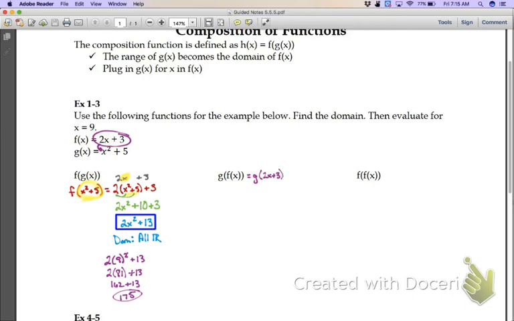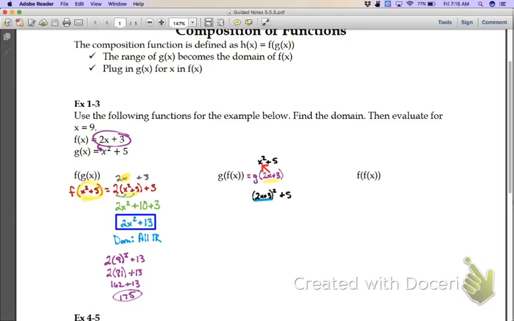If g of x was originally x squared plus 5, this whole thing is going to go into the squared part. It just gets replaced. So instead of x squared, I'm going to have 2x plus 3 squared plus 5.